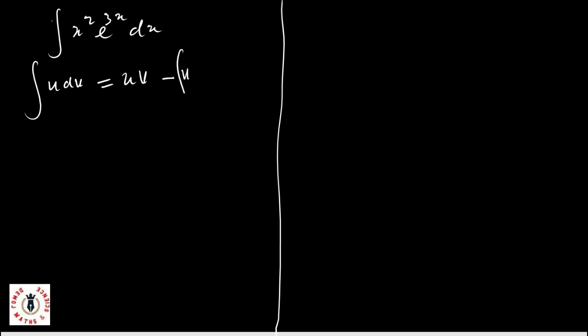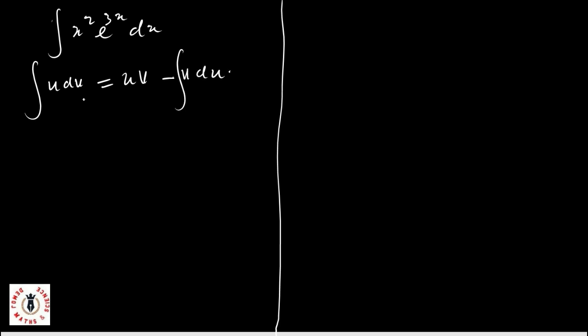Let's take a second example. For my second example, I want us to see the integral of x raised to power 2 e raised to power 3x dx. Now here, let's select our u and dv. Remember, the formula says that the integral of u dv will be the same thing as uv minus the integral of v du.